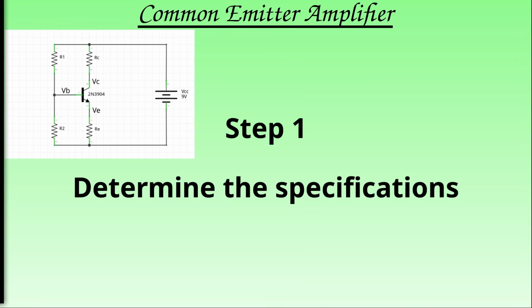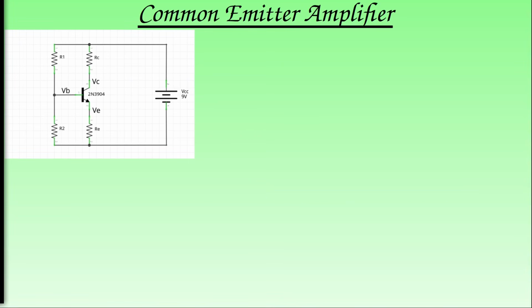Step 1. Determine the specifications. First, the power supply. We said we use a 9-volt battery for our simple circuit, therefore VCC equals 9 volt. Based on the transistor datasheet, we have an average HFE of 200 and a VBE of 0.7 volt.